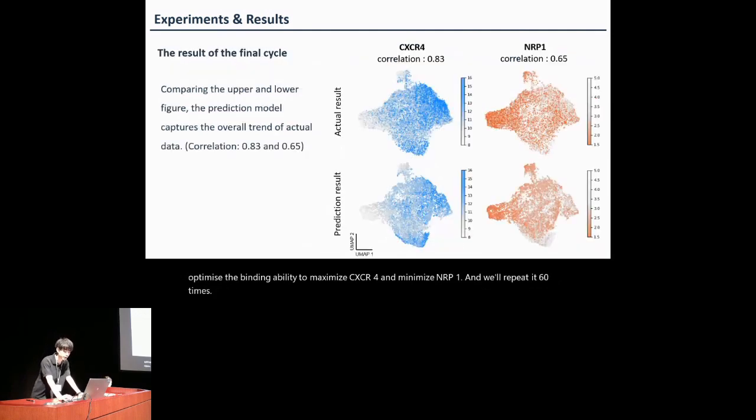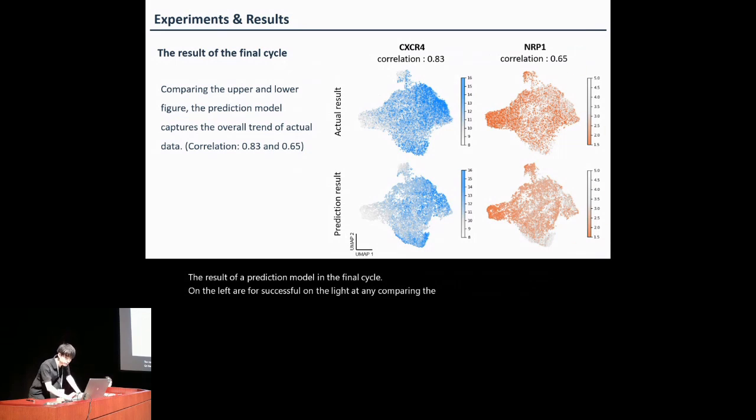This slide indicates the result of the prediction model in the final cycle. On the left are results for CXCR4, on the right NRP1. Comparing the upper and the lower results shows that the prediction model captures the overall trend of the actual data.